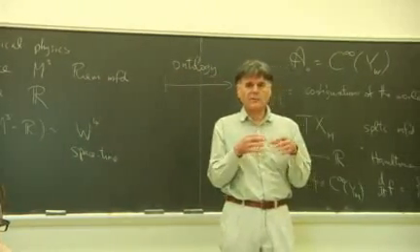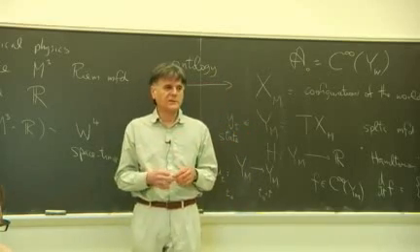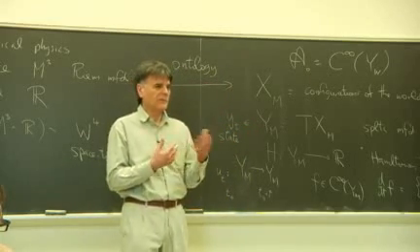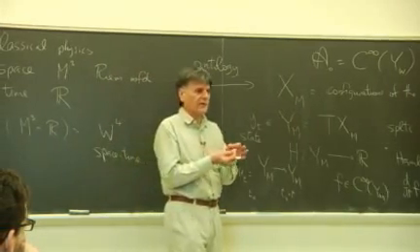So the moment you try to write down any kind of equations which tell you how the particles move under the action of the field, you get into absurdities, because the field where the particle is always infinite.